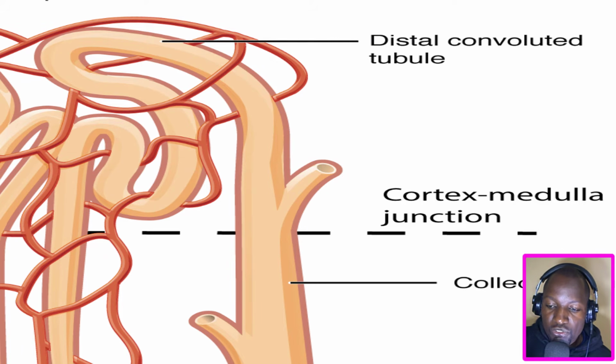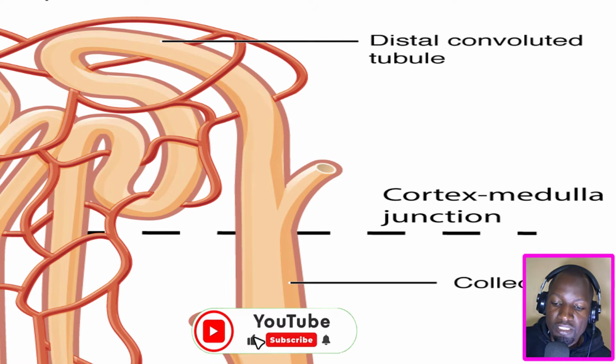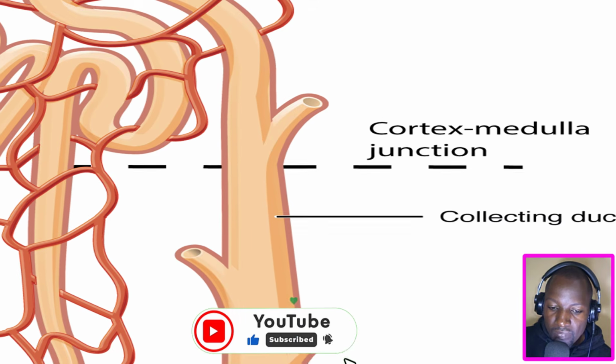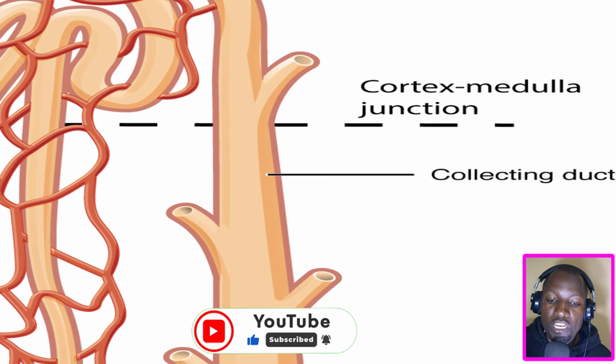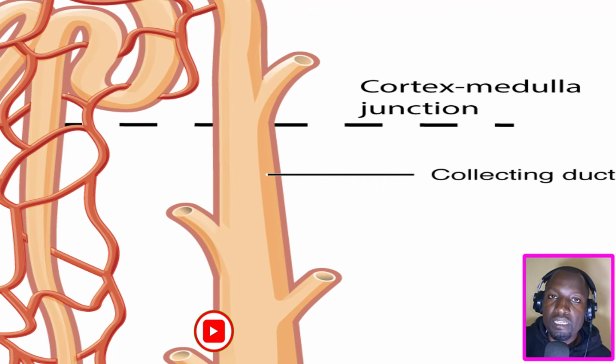And more mineral salts are reabsorbed by diffusion and sometimes active transport under the influence of the aldosterone hormone. It also has a collecting tubule at the end for reabsorption of more water.